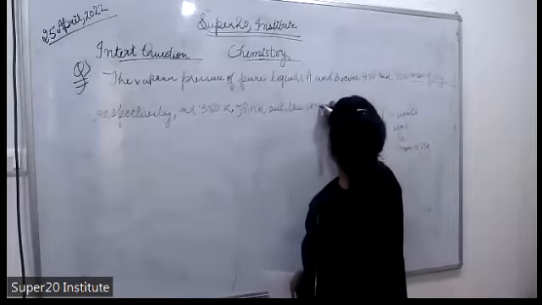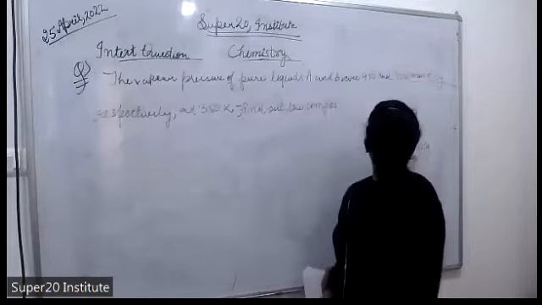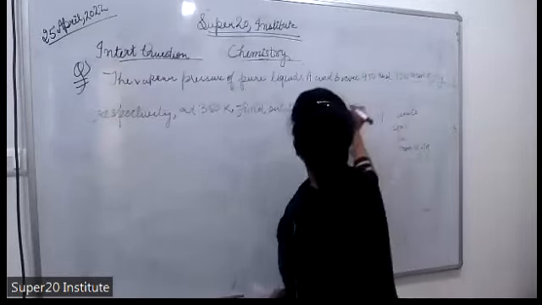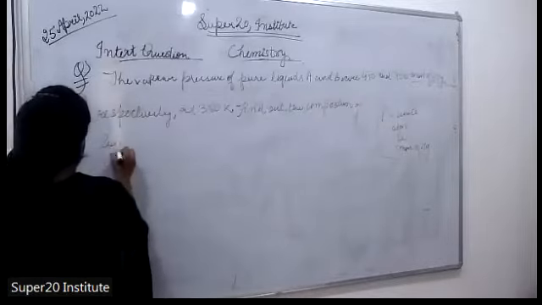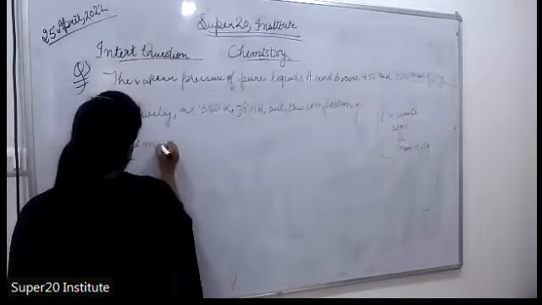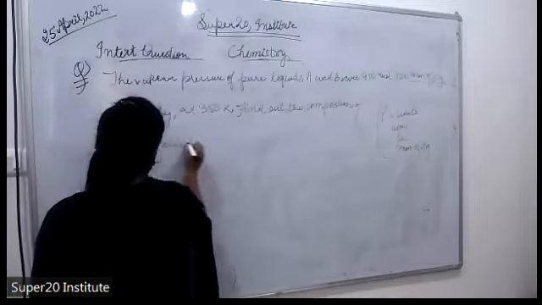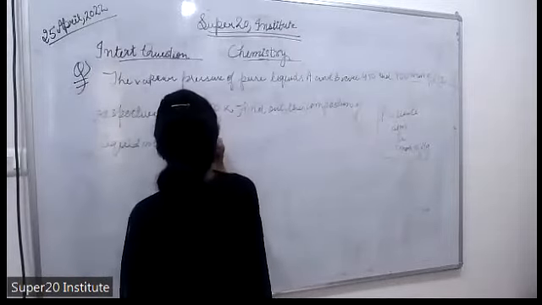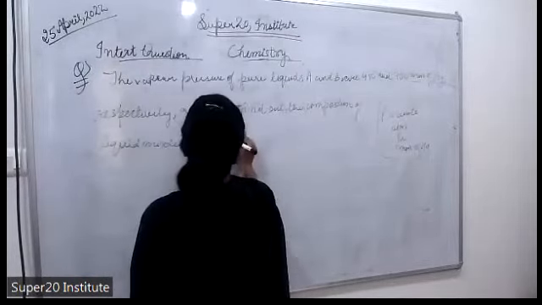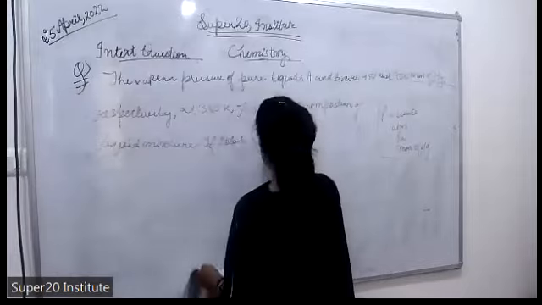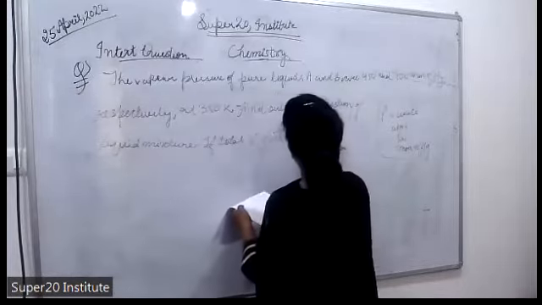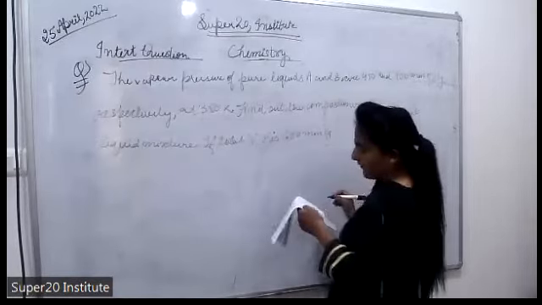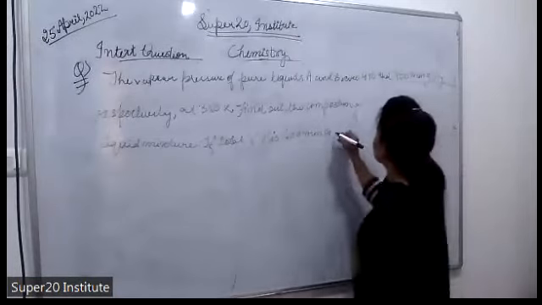If the total vapor pressure is 600 mm of mercury column, also find the composition of the vapor phase.